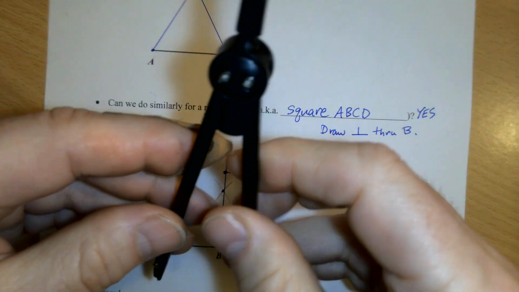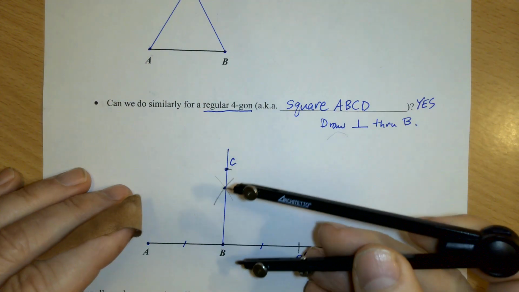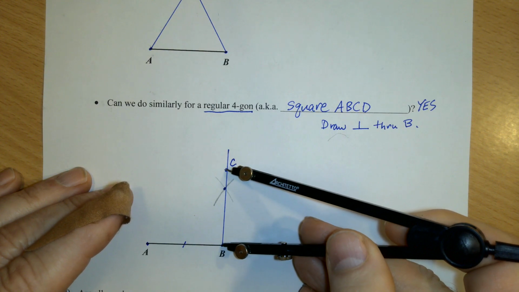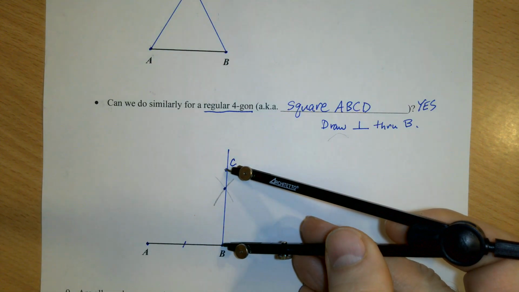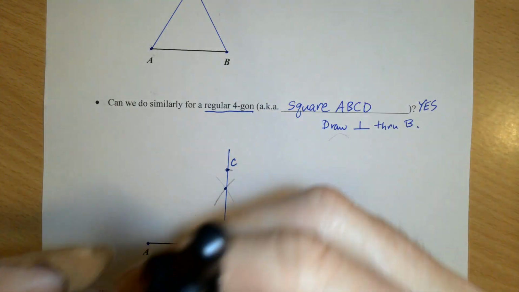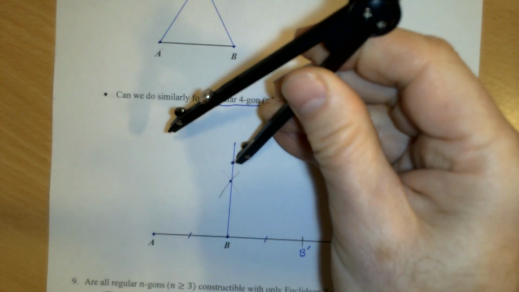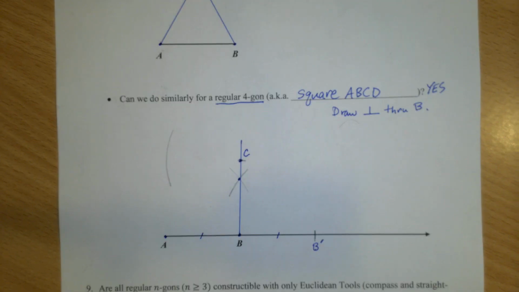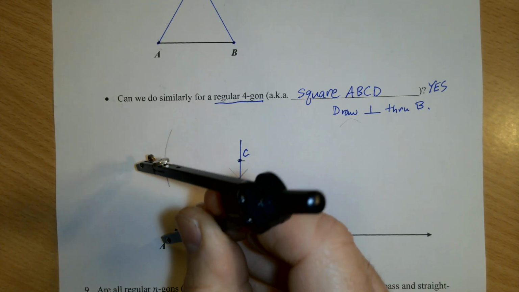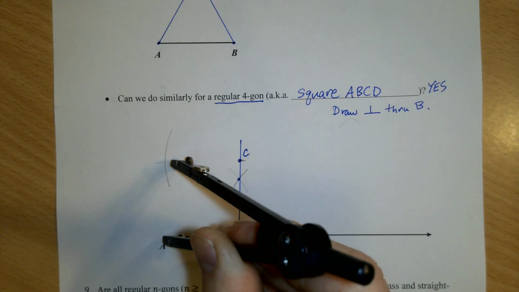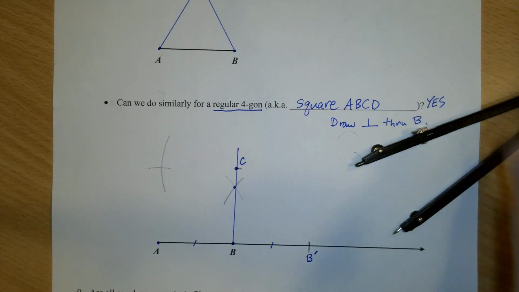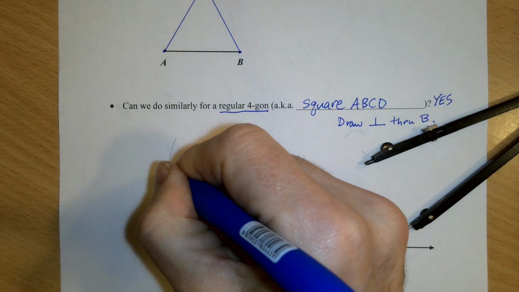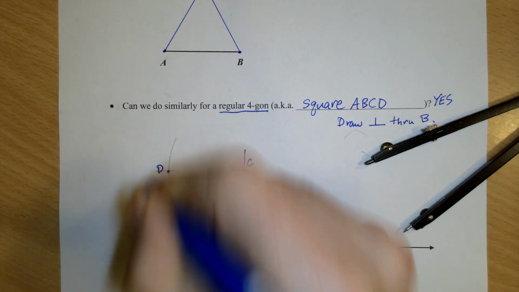The compass is still set to the length of one side. So from C, you put an arc over this direction, like so. Then we do the same thing from A: set the point on A and do an arc there. Where those two arcs intersect gives us our fourth point, which we're going to call D.